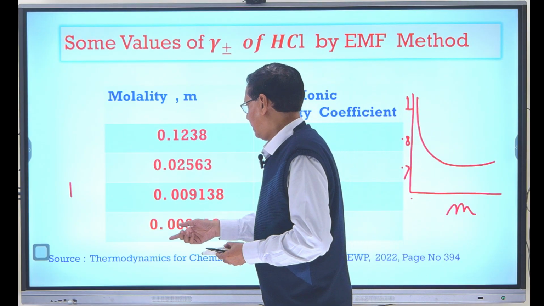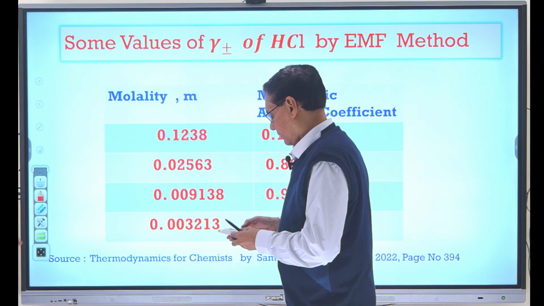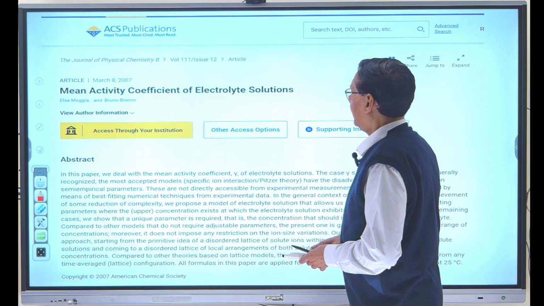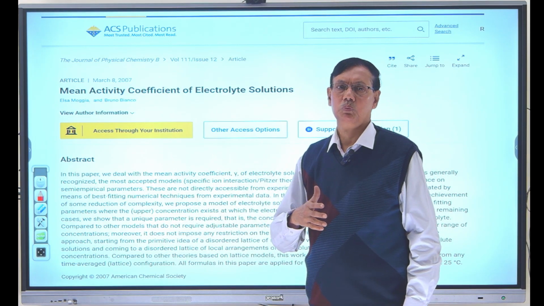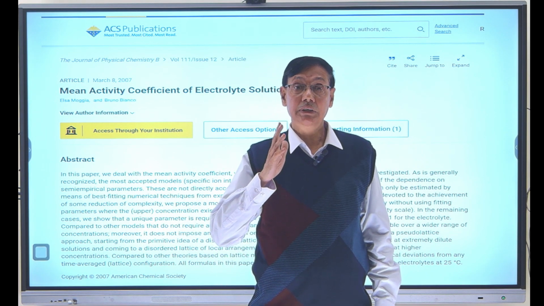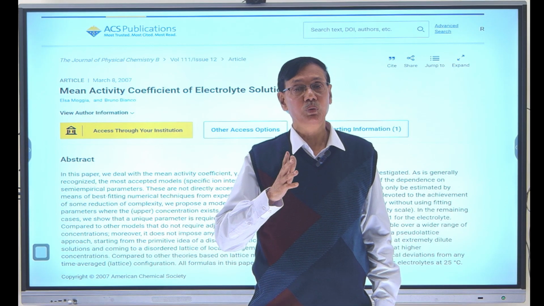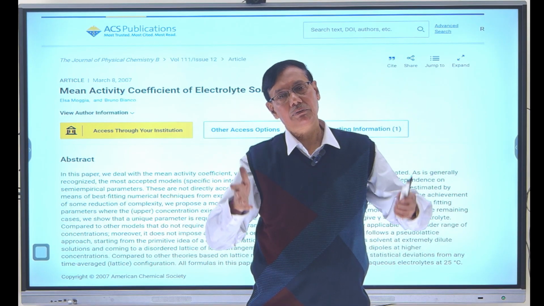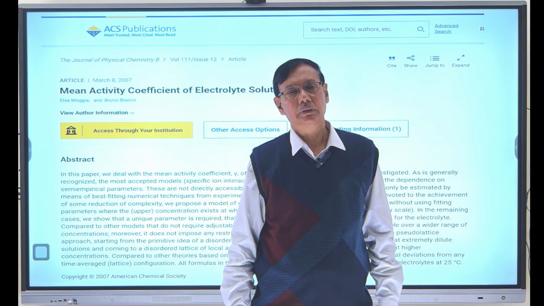Second, and there are many very good research papers also. In my first lecture, मैंने आपको बताया कि G.N. Lewis introduced the concept of the activity and activity coefficient. And they have also determined the activity coefficient of the strong electrolytes, many electrolytes.